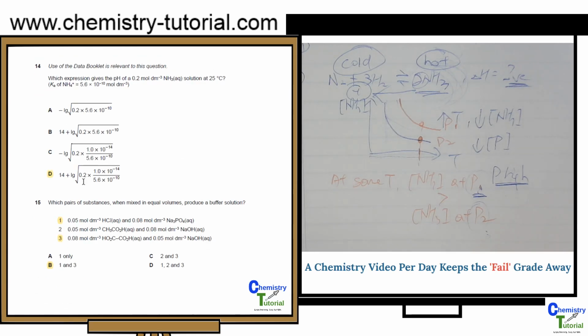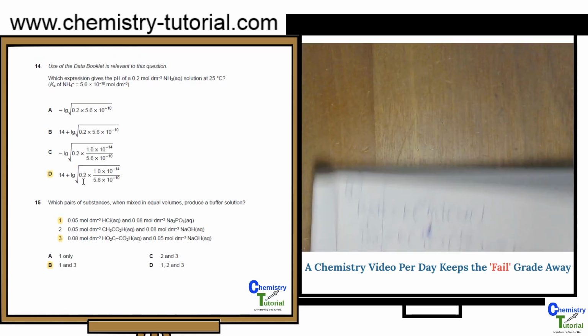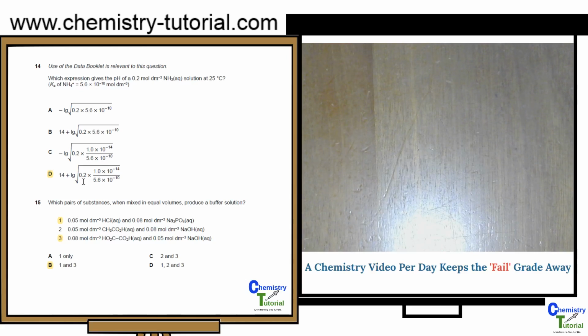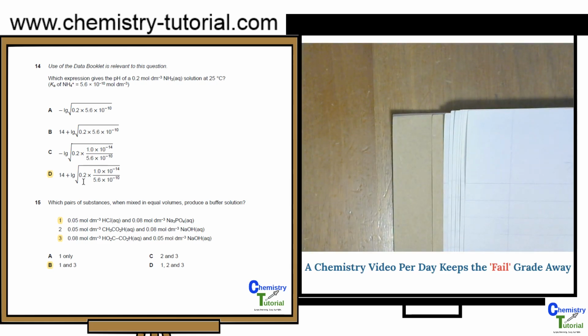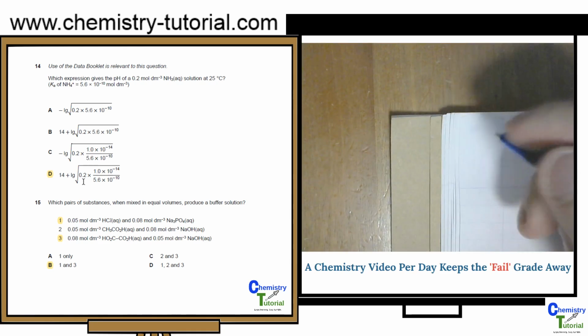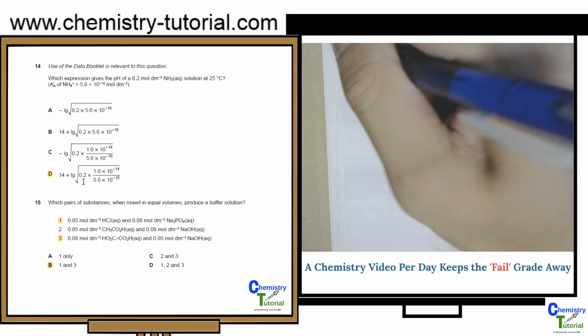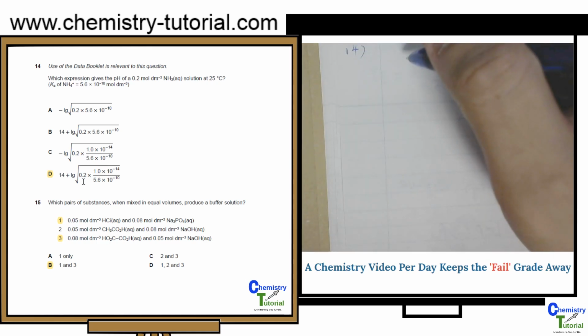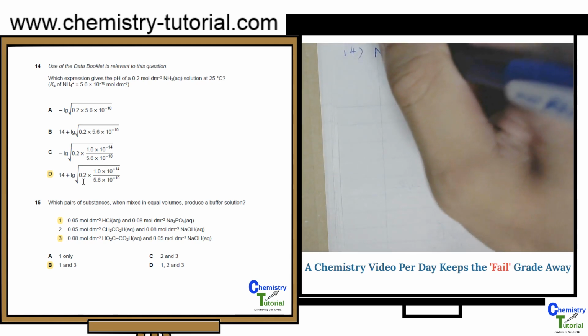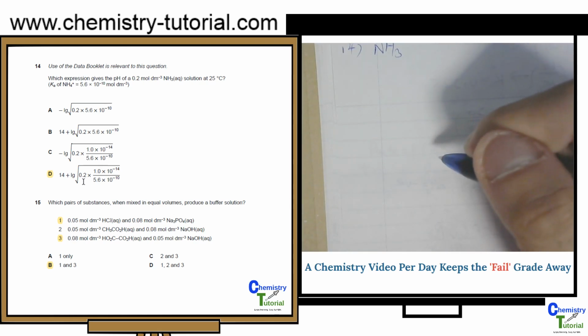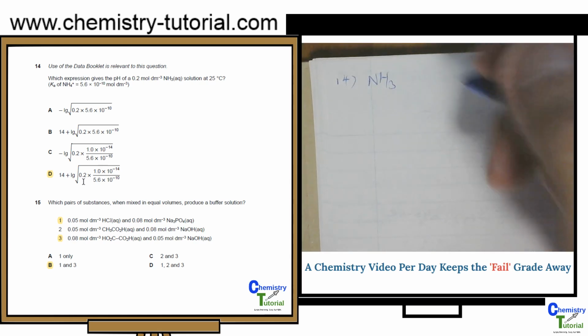For question 14, this tests us on the ionic equilibrium. Now, there's no need to compute the value because you notice that the options given are just the workings. So, for question 14, we are given the K value. Now, because we are asked about the pH of NH3, and NH3 is a base, let me write the base dissociation equation.